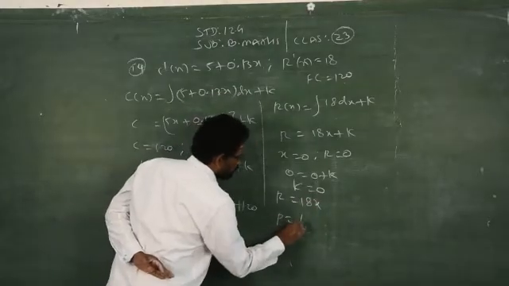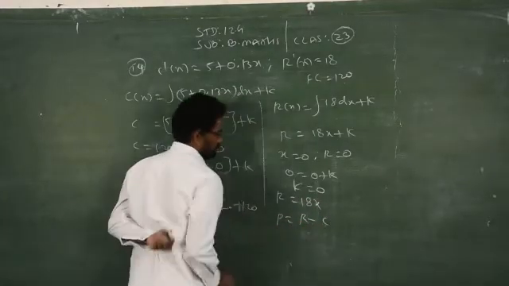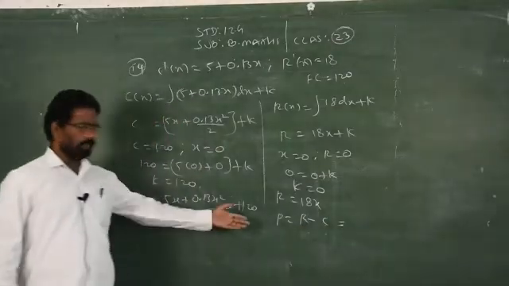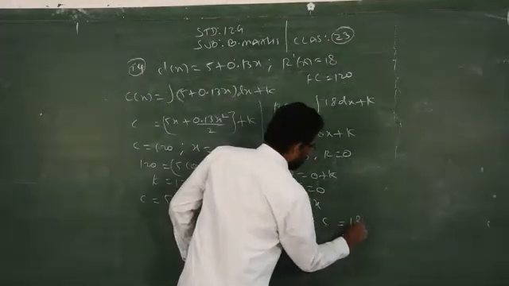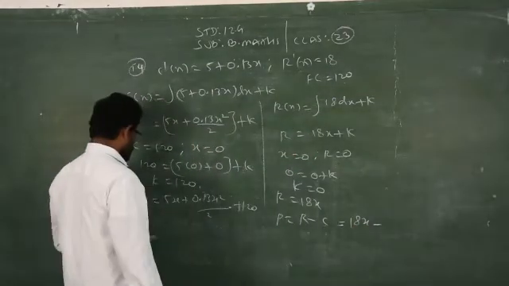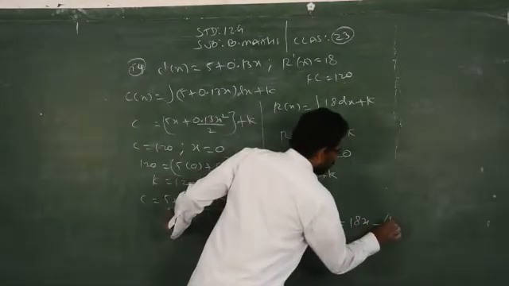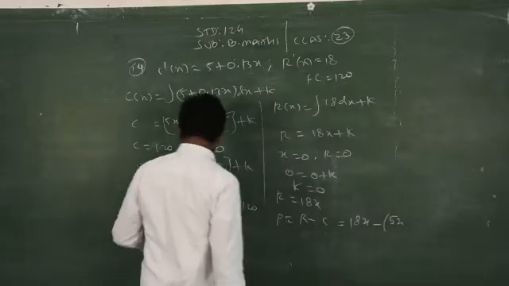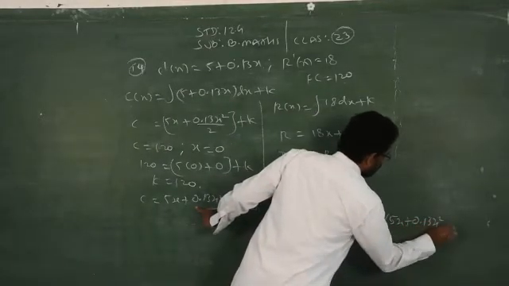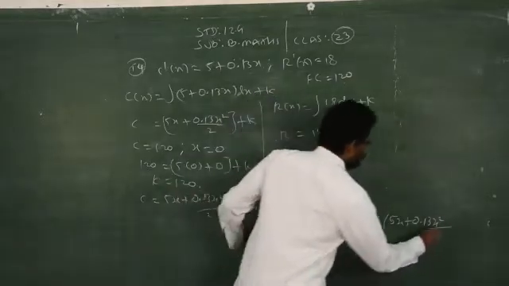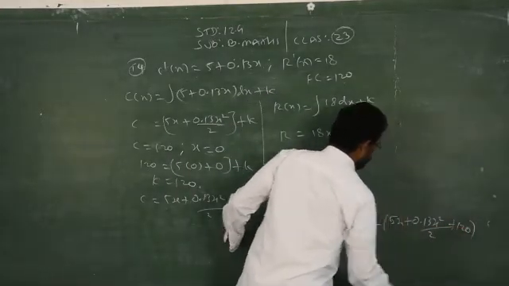So profit is equal to revenue minus cost. This is a function, isn't it? Selling price minus cost refers to profit. So 18x minus, 5x plus 0.13x square by 2 plus 120.